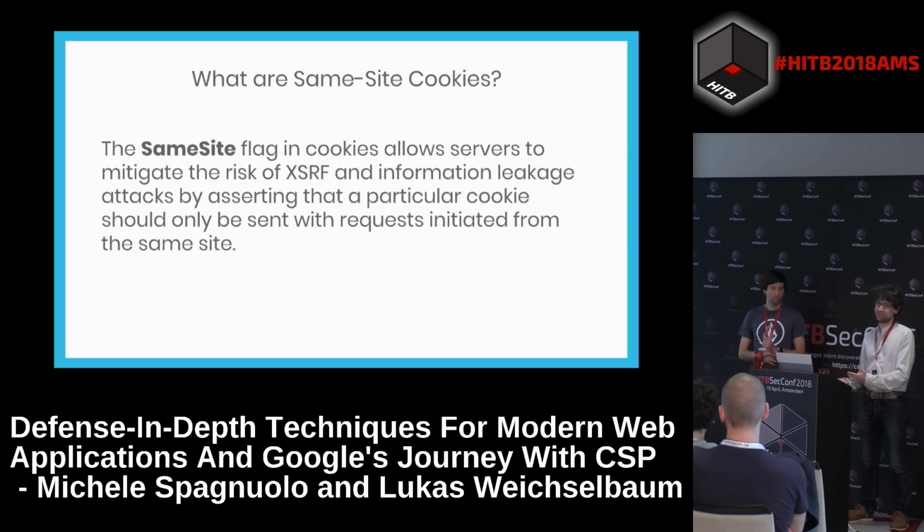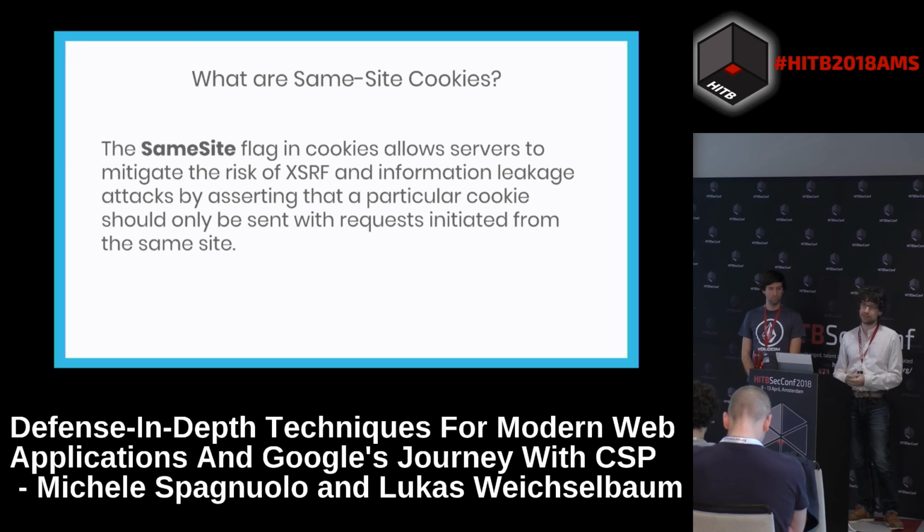So it is from the embedding, let's say, evil.com that has an image or a form to vulnerablebank.com. And the idea is, what if developers could restrict cookies to be sent only if there is no cross-site navigation? So only if the navigation is same-site.